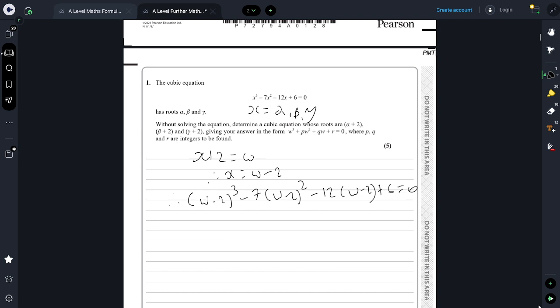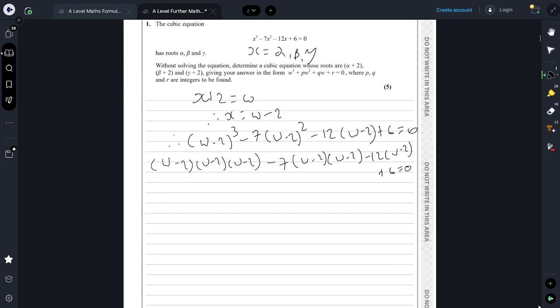At this point it's just an expand and simplify exercise, and then we expand.